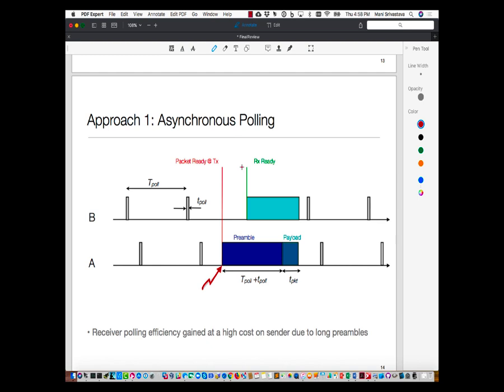Whereas here, nothing else is happening. But the flip side is when we are sending the packet, we are occupying the channel for a longer time, right? And therefore spending more energy also.